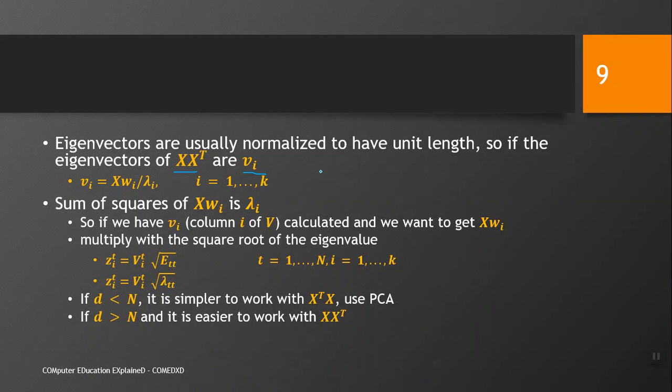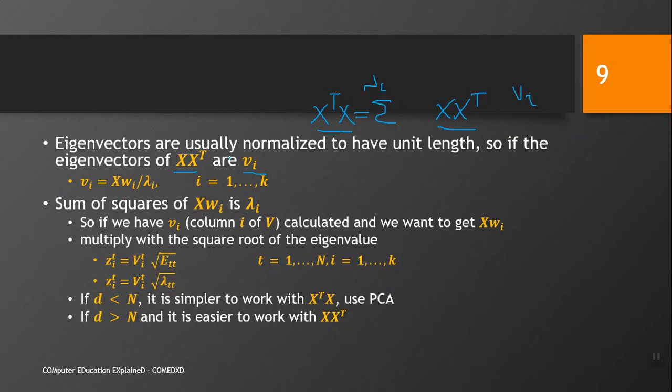What does that mean? It means that X transpose X is our covariance matrix and X X transpose is another matrix which is derived from the same one, and they are actually equal through some operation. So, this would have the eigenvalues represented by lambda i, and the eigenvectors represented as Vi.